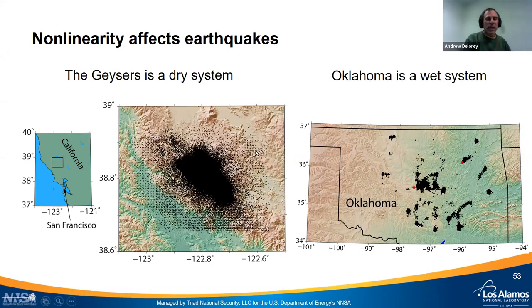I'm looking at the Geysers here. This is in Northern California. I have a couple different earthquake catalogs that I'm going to show you, and also looking at Oklahoma. And the Geysers is, I'm going to call it a dry system. The reason why I call it a dry system is because the water table is well below where the earthquakes are.